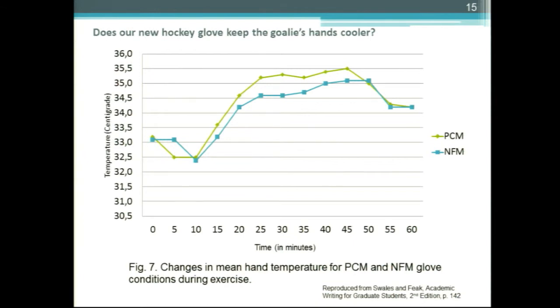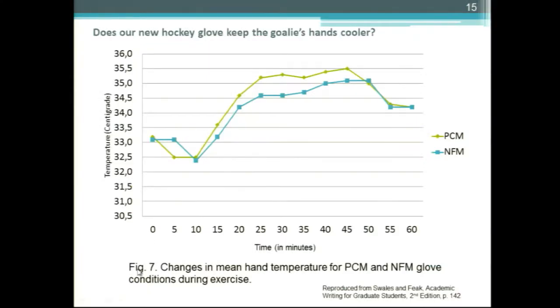And we hope that this goalie hockey glove will keep the goalie's hands cooler while he or she is tending the goal, and be happier and make more saves in the game. So they developed this hockey glove, and then they compared it. They tested the temperature with a goalie playing for a whole hour, maybe with a thermometer inside the glove, however they were doing it. And these are the results that they got.